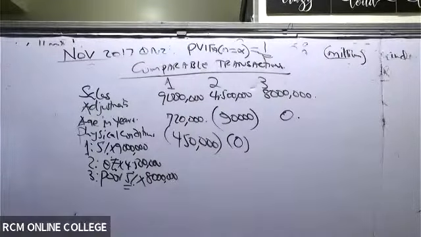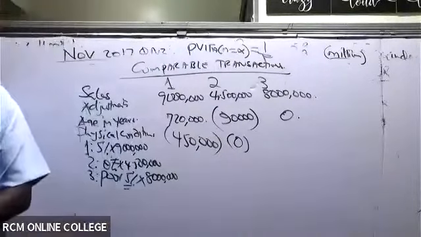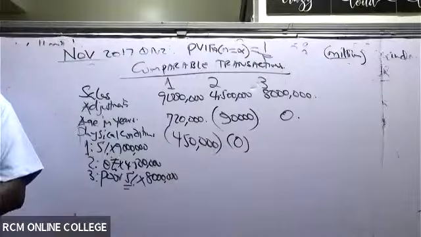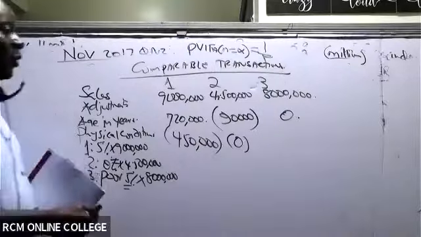Please be very, very careful. The percentage, 0.05 times 8 million, will give me what figure? $400,000. So this will be 400,000.